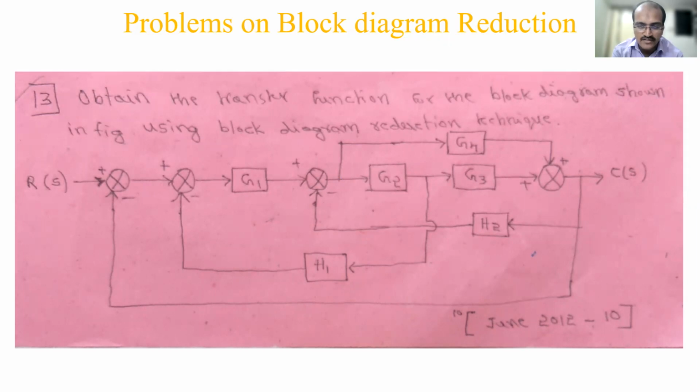When you see the problem at first, the block diagram looks very difficult, you feel, but you have to take some time. Initially spending 1 or 2 minutes thinking will save lots of time later. Simply writing whatever you know in the first second won't work for numerical problems. You have to take 30 seconds or 1 minute to understand the final step, how it is moving, and after that what step.